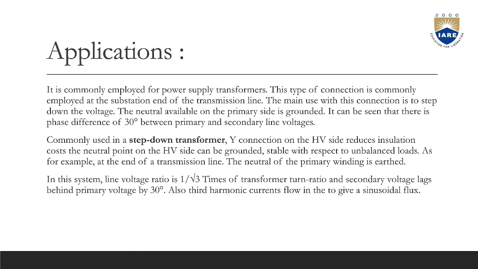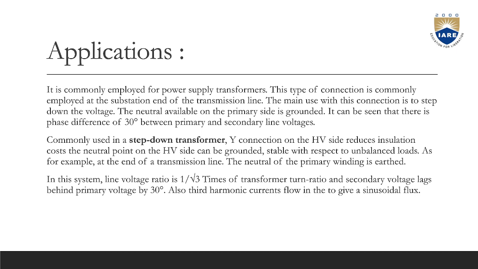Applications. It is commonly employed for power supply transformers. This type of connection is commonly employed at the substation end of the transmission line. The main use with this connection is to step down the voltage.